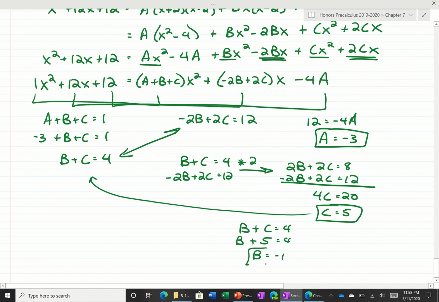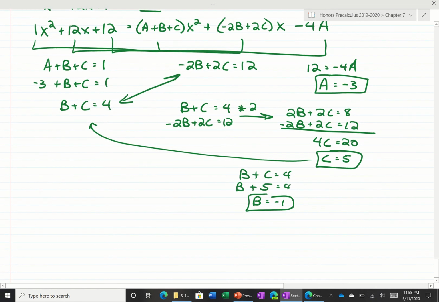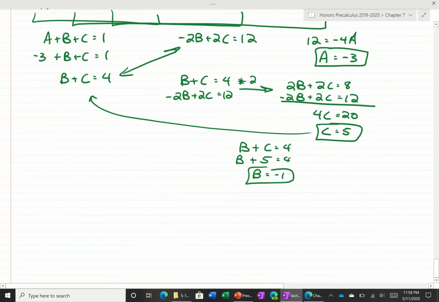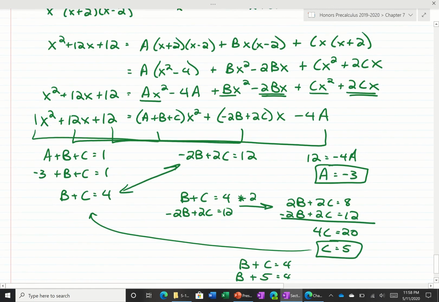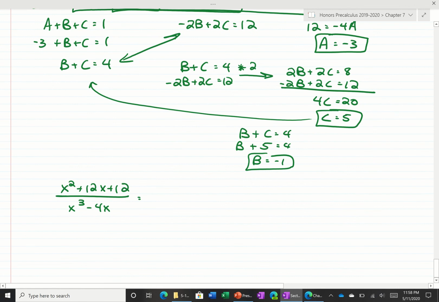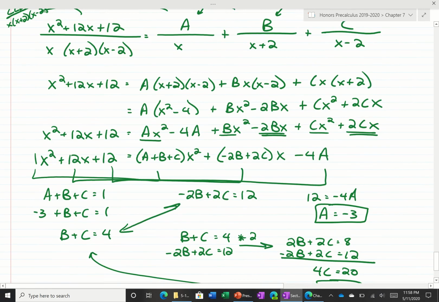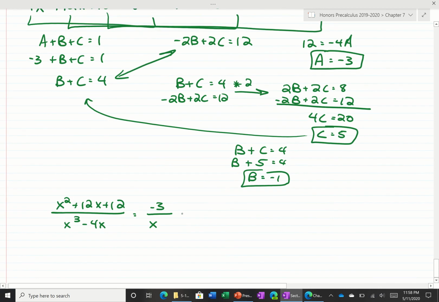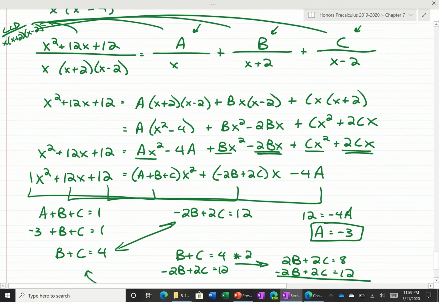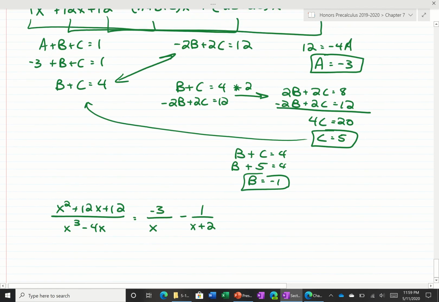All right. So as far as what our actual answer looks like, x squared plus 12x plus 12 over x to the third minus 4x, we'd get A over x, and then we had B over x plus 2, and then we had C over x minus 2.